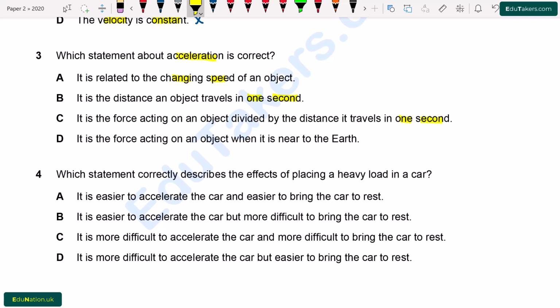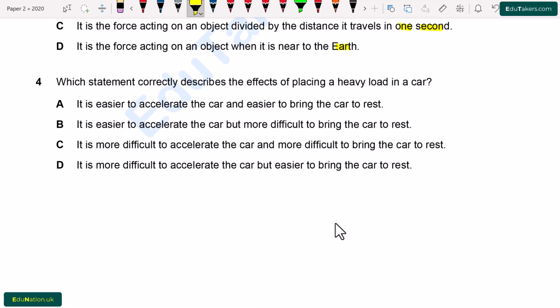D. It is the force acting on an object when it is near to the earth. So from here option A is correct, which shows that acceleration a is equal to delta v over delta t. It is just the definition of acceleration: acceleration is equal to change in speed divided by change in time. So option A is correct.